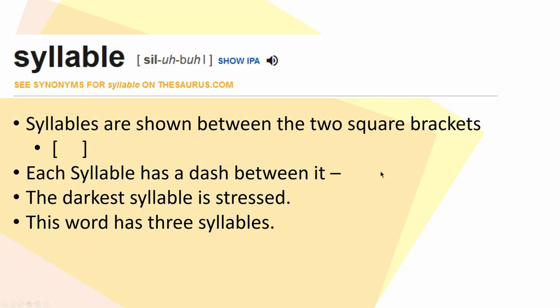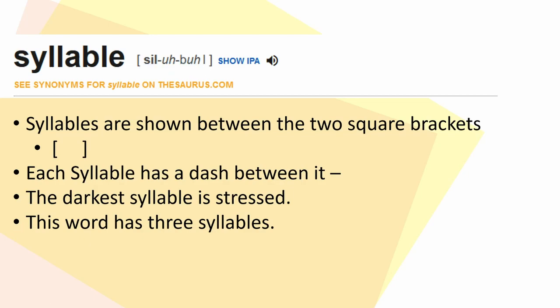Right, now here we can see that when you look up the word on dictionary.com, which is what I want you to use for this class, you'll see something that looks somewhat like this, where we have a syllable, the word itself, and then the actual pronunciation guide beside it.